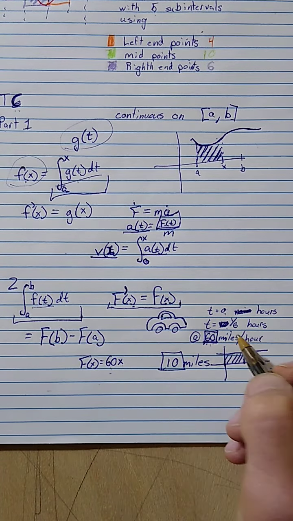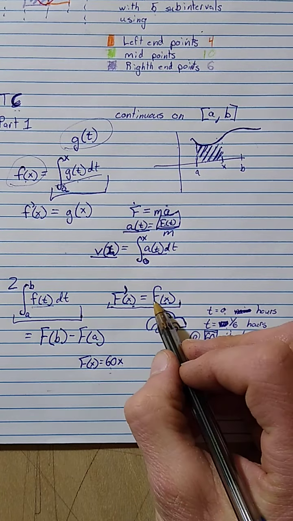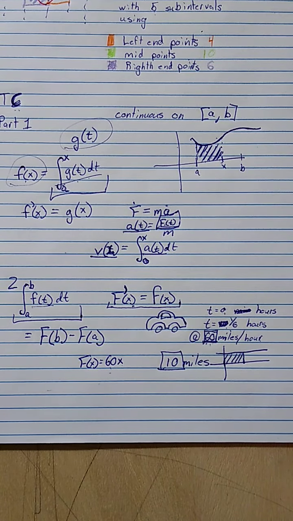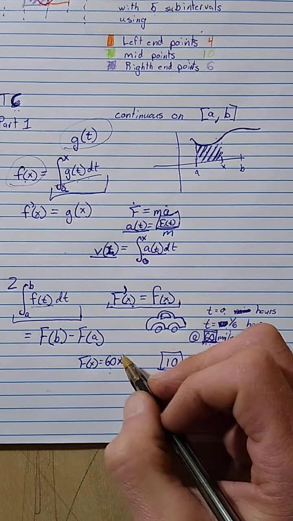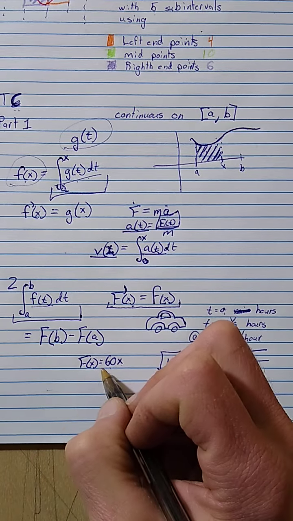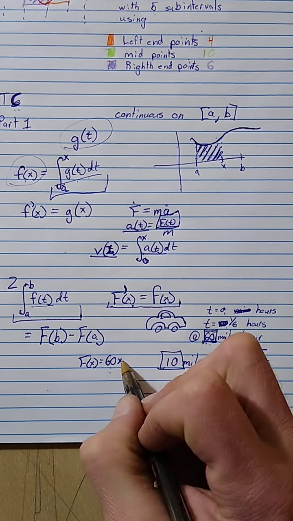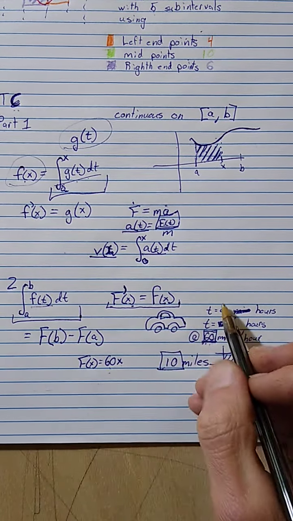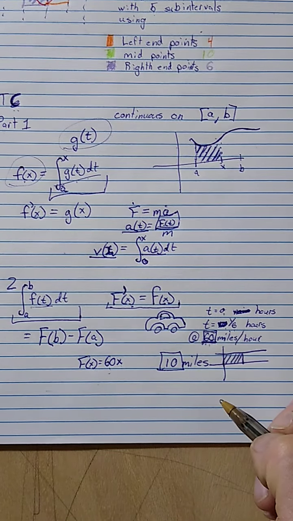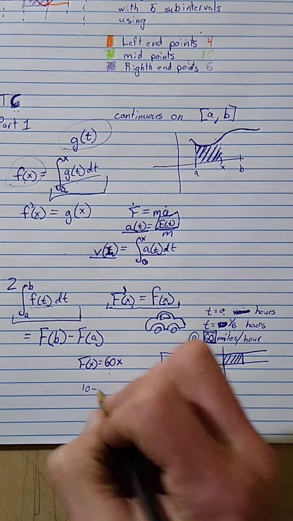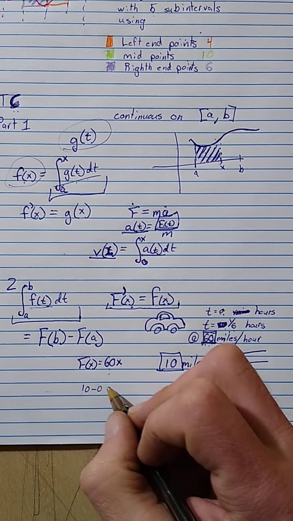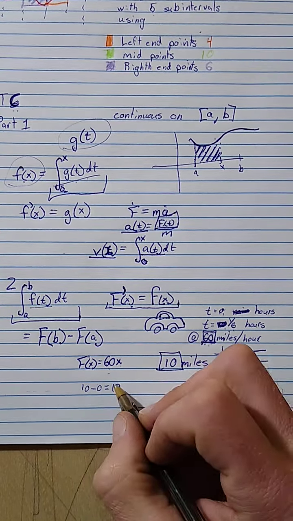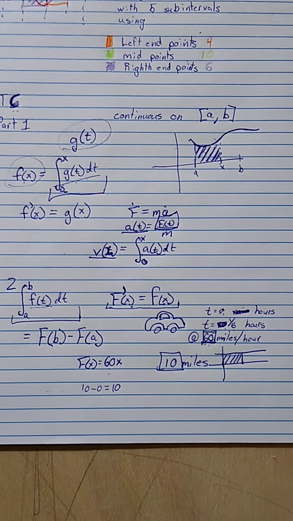If I took this function and I take its derivative, then I get 60, my f of x. Okay, so that means that I could take 60x and plug in 1/6, and I get 10, minus 60x, plugging in 0, and I get 0, equals 10. So we get the same area.